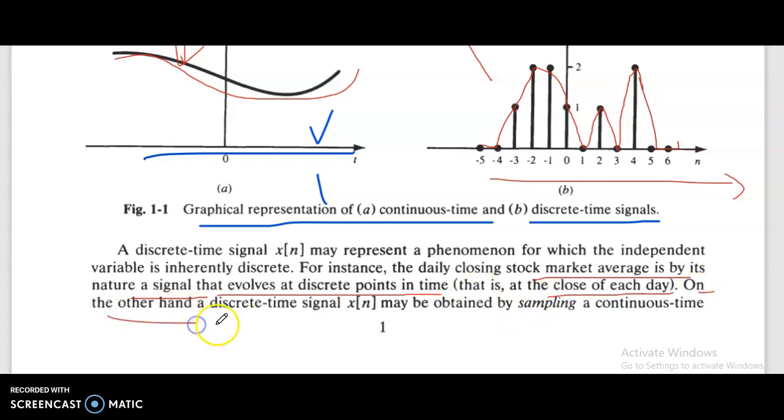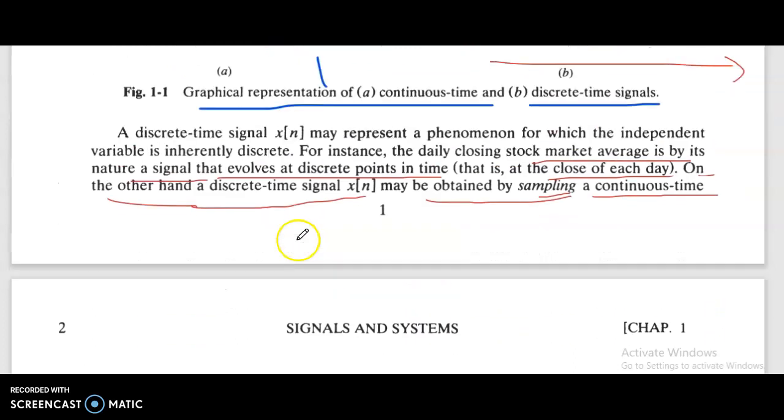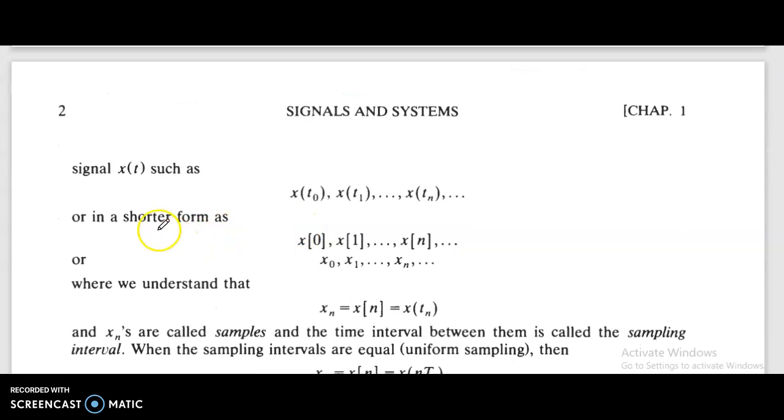On the other hand, a discrete time signal x of n may be obtained by sampling a continuous time signal x of t, such as x of t0, x of t1, up to x of tn.